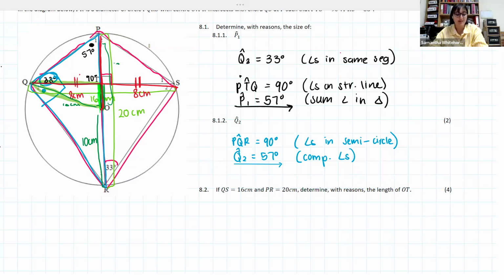So I'm going to give you guys like 3 minutes. Based on what we've just discussed, I want you to go and work out the length of OT.